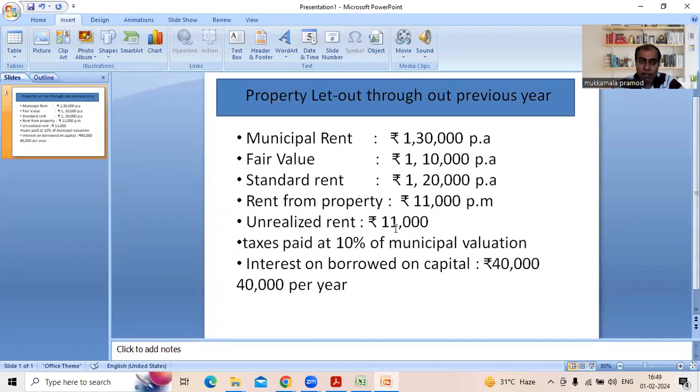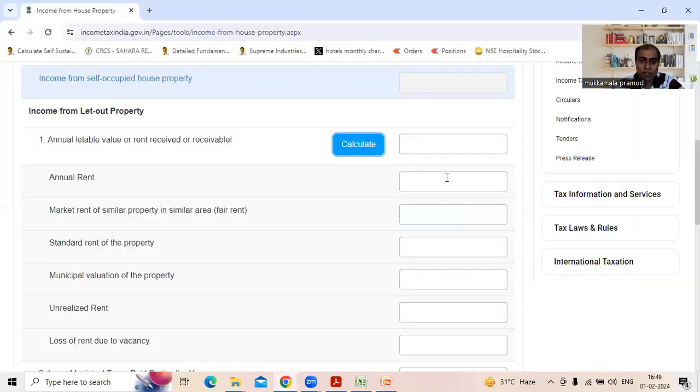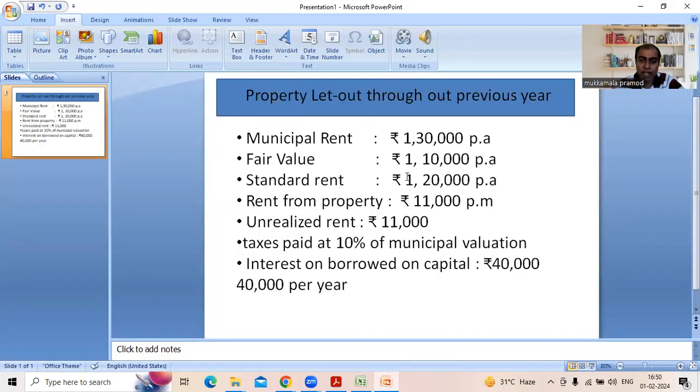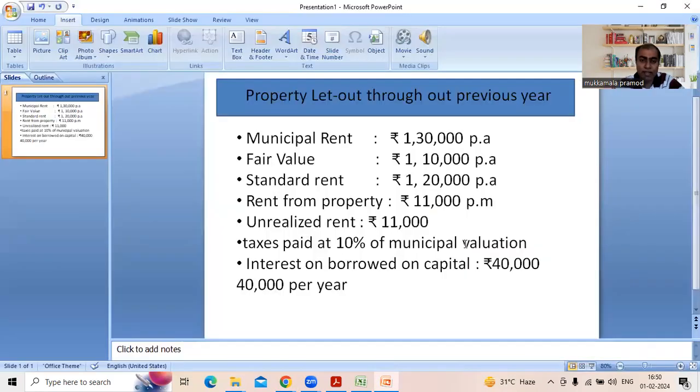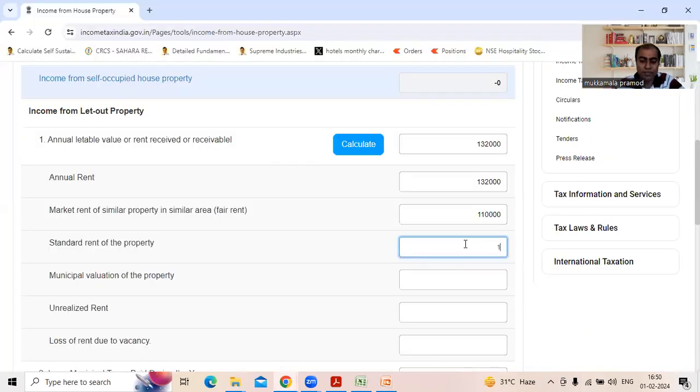So let's fill this into the standard tax calculator. Here, the annual rent is 11,000 into 12. So the annual rent is coming to 1,32,000. That's what I enter here. And in case of market rent, which is the fair value, is 1,10,000. And the standard rent is 1,20,000.